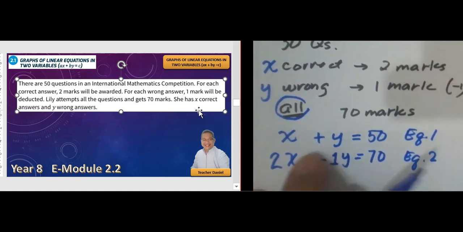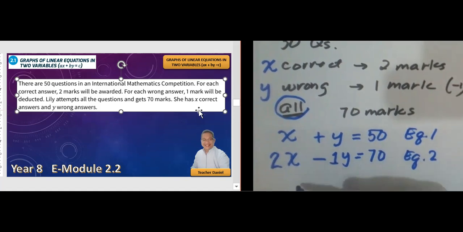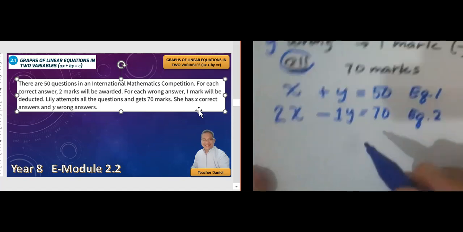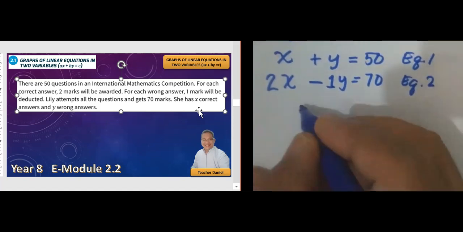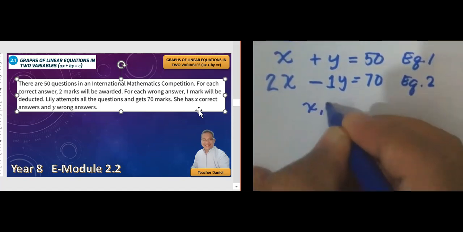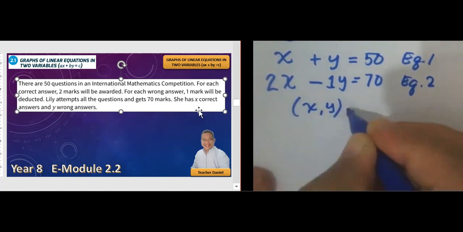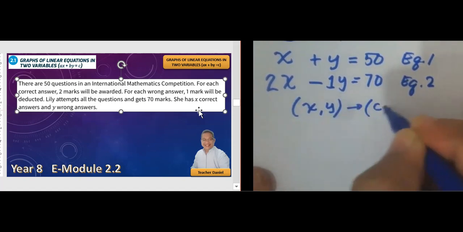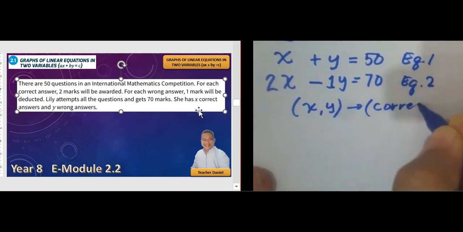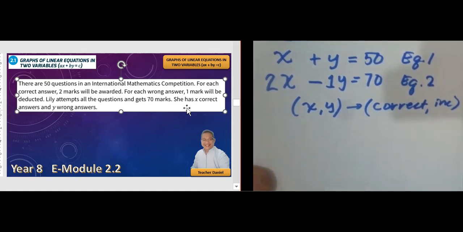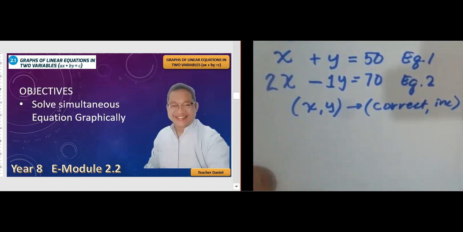So the question here is how many questions she answered correctly and how many she answered incorrectly. Basically we are looking for that x comma y, wherein x and y represent the correct questions and incorrect questions. And this time, according to our learning objectives, we're going to solve it graphically.